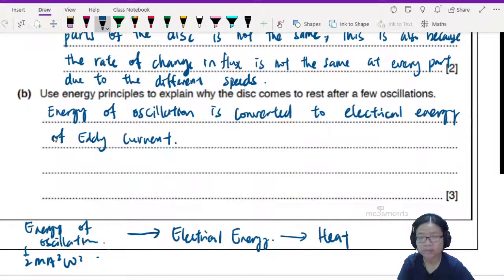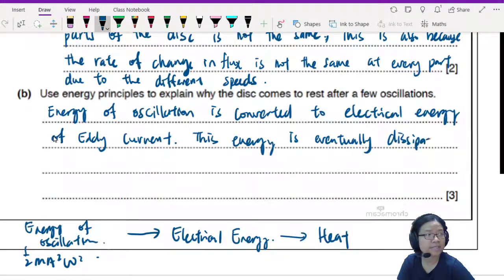All right. This energy is eventually dissipated as heat or thermal energy to the surroundings. 2 points.